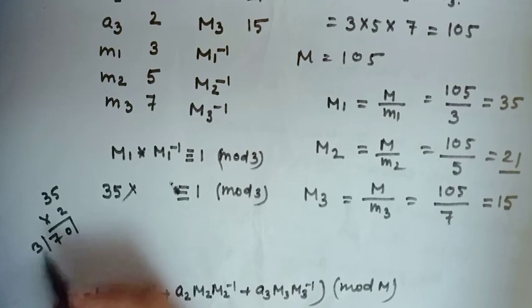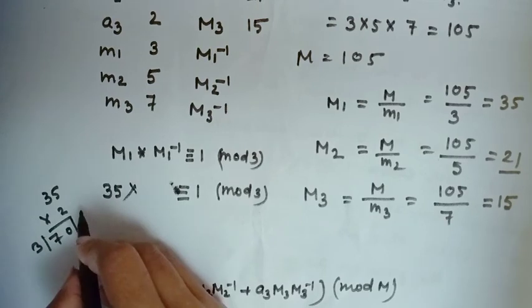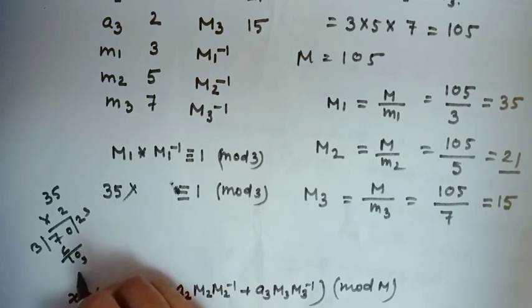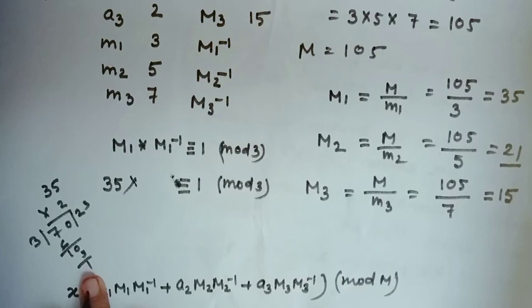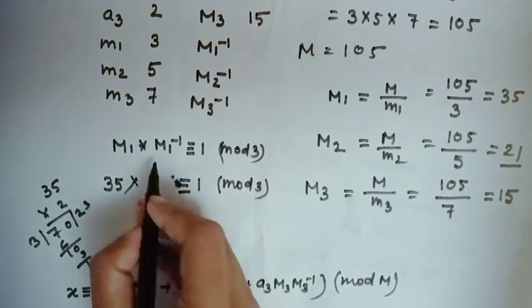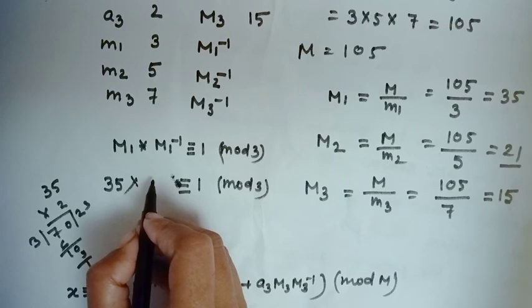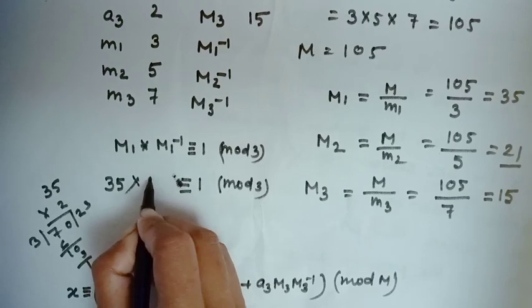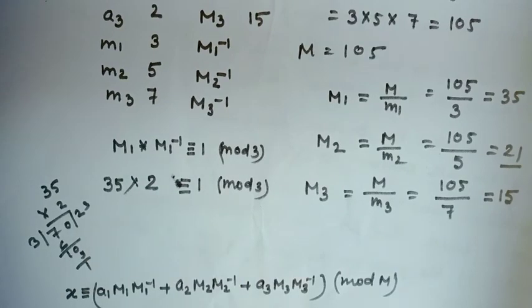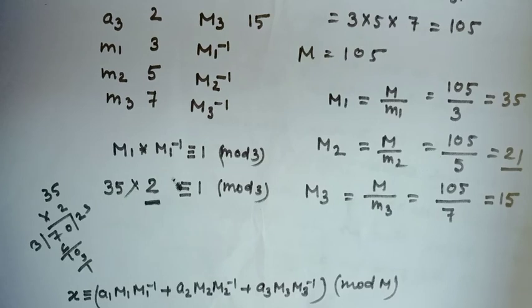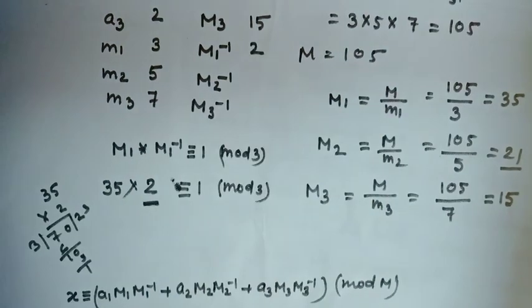Divide it by 3: 3 times 23 is 69, and 1 is the remainder. Have you understood? That means M1 inverse is 2.